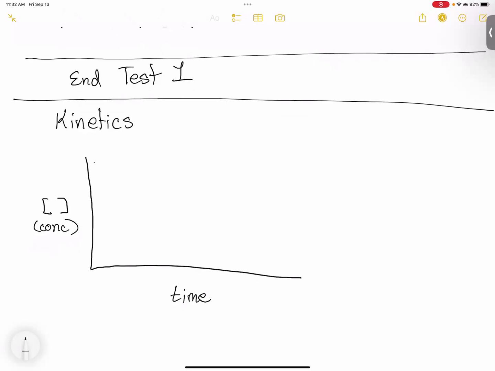If we think about a reaction, we start out with the reactants. At the very beginning, the only thing present is the reactants. As the reaction progresses, the concentration of the reactants decreases. Initially, it's going to decrease fairly rapidly, but then it's going to level out.